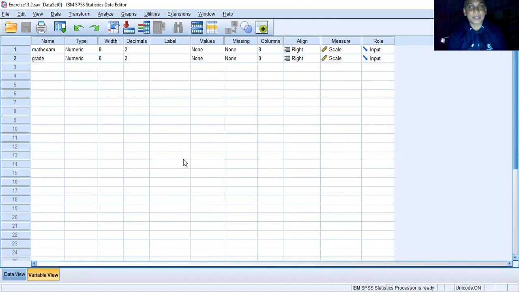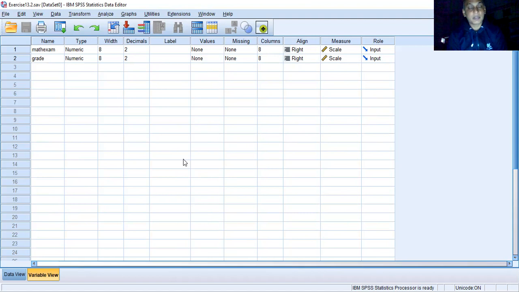That's the null hypothesis, and the alternate hypothesis will be that math exam is able to predict the grade of the student for the seventh standard, and beta is not equal to 0. So that is your hypothesis, A part.